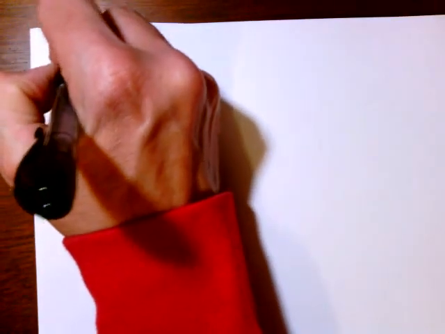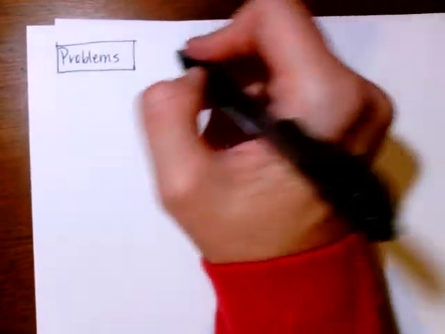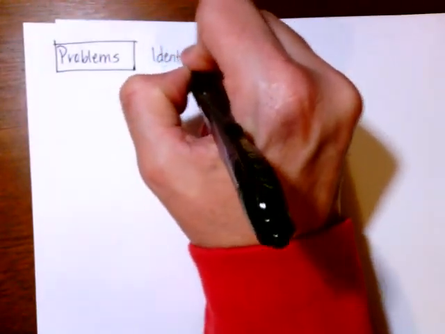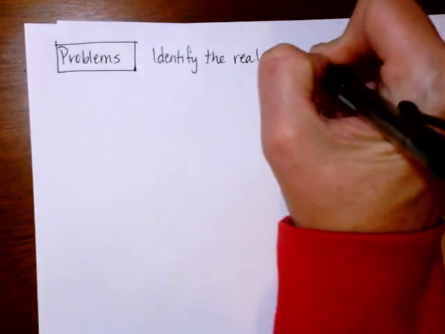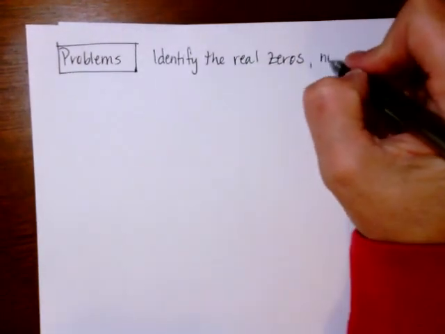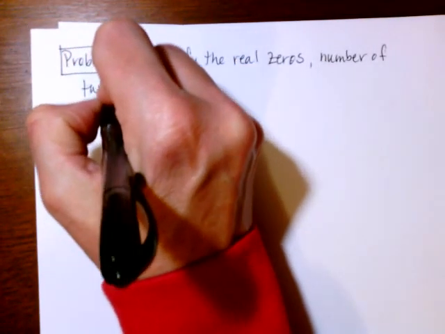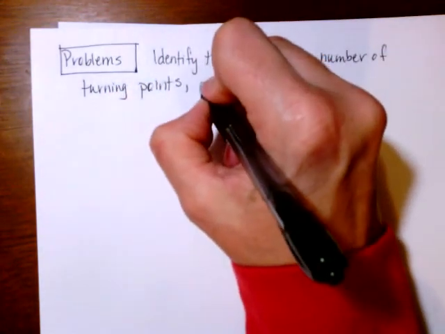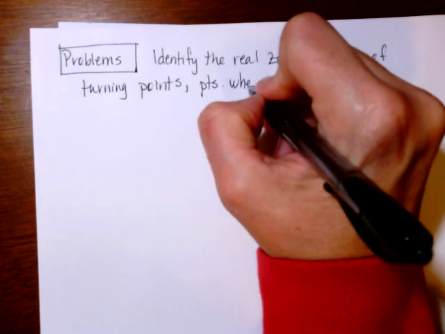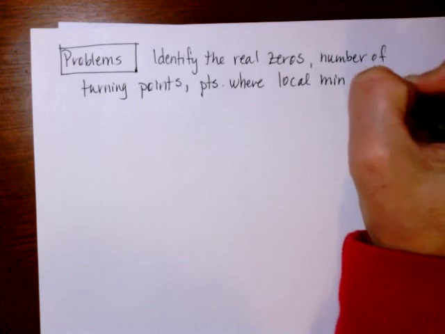All right, so now we're ready for your problems. Told you it was nice and sweet and short. All right, so I want you to identify the real zeros, which means you don't have to find the complex ones, and the number of turning points, put it over here, and I would like to know the points where the local minimums and maximums occur.